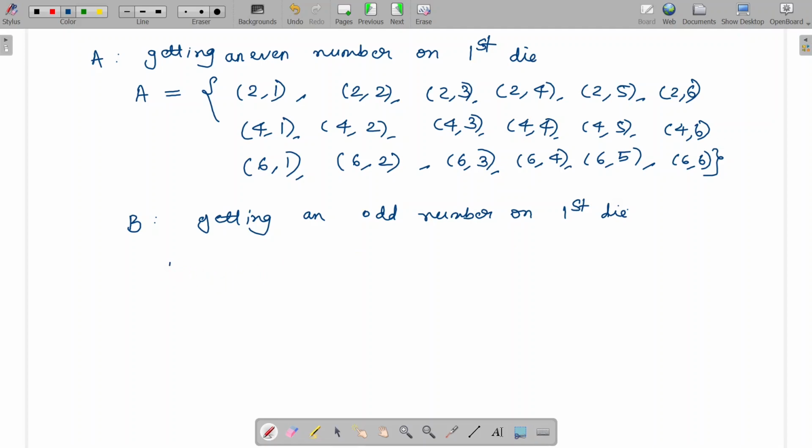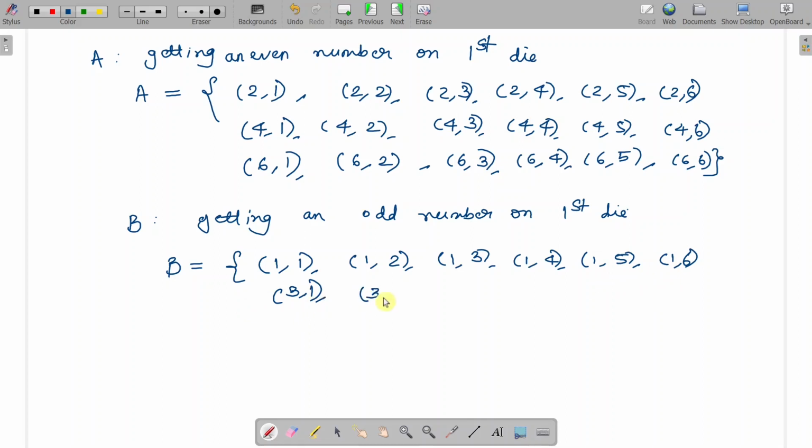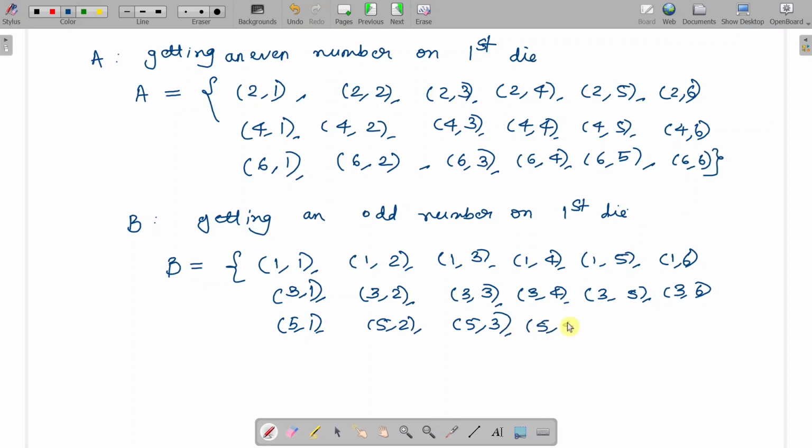So B will be equal to, getting odd number, so 1 comma 1 will be there, 1 comma 2, 1 comma 3, 1 comma 4, 1 comma 5, 1 comma 6, then 3 comma 1, 3 comma 2, 3 comma 3, 3 comma 4, 3 comma 5, 3 comma 6, then 5 comma 1, 5 comma 2, 5 comma 3, 5 comma 4, because 5 is an odd number on the first die, 5 comma 5, 5 comma 6. So this is event B.